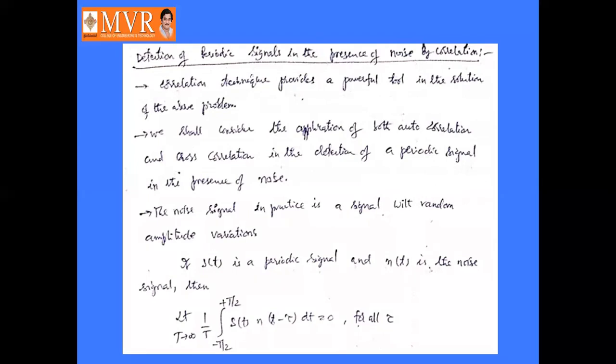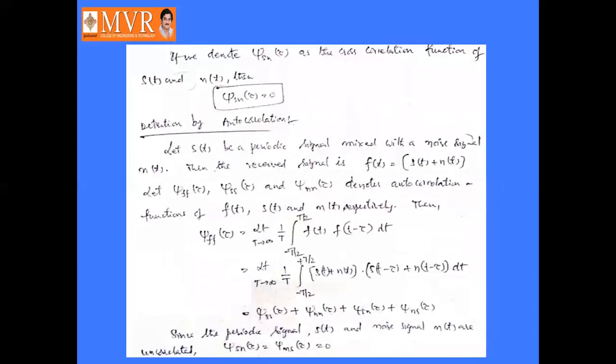If s of t is a periodic signal and n of t is the noise signal, then limit T tends to infinity, 1 by T into integral from minus T by 2 to plus T by 2 of s of t into n of t minus tau dt is equal to 0 for all values of tau, right?